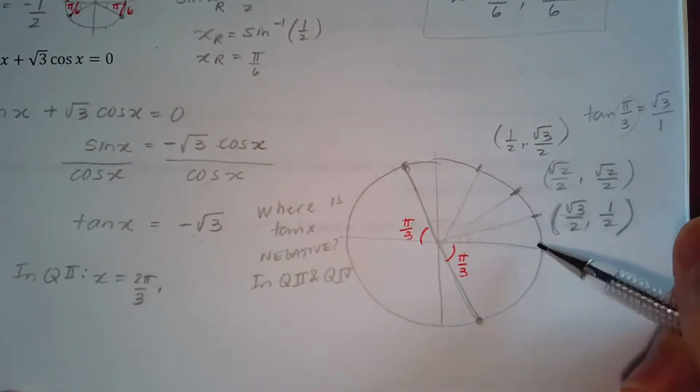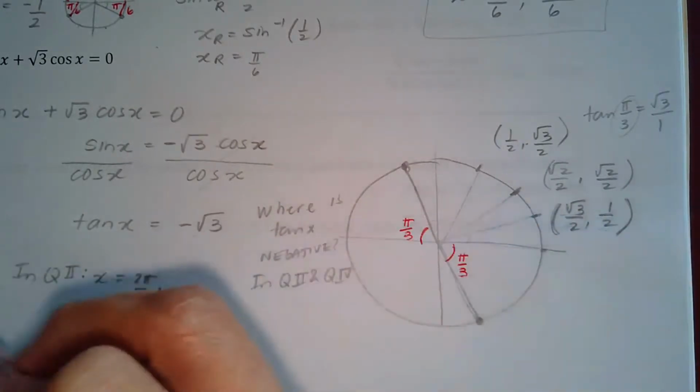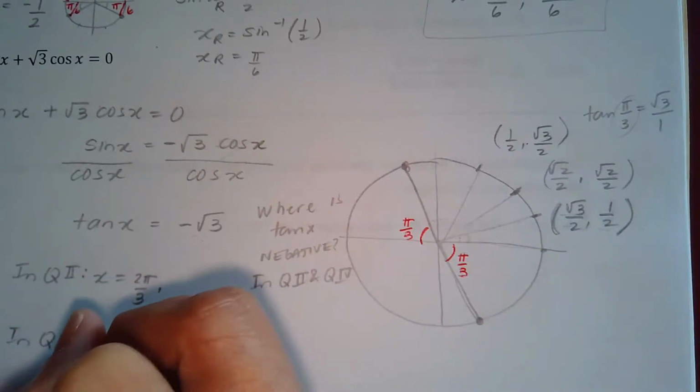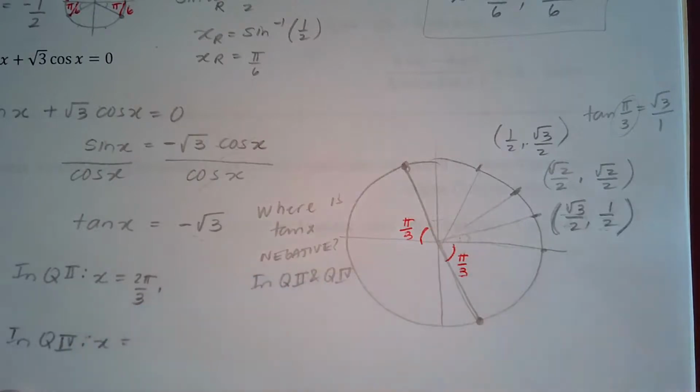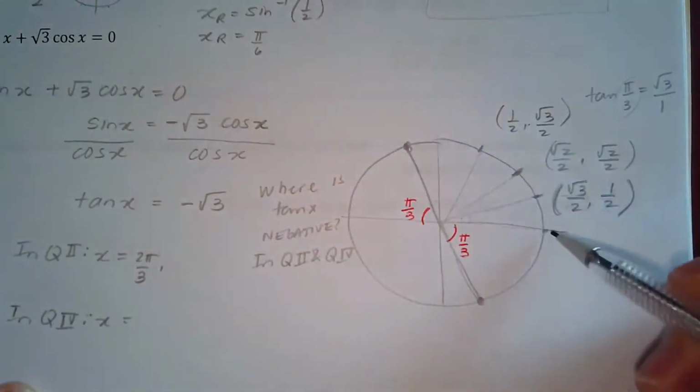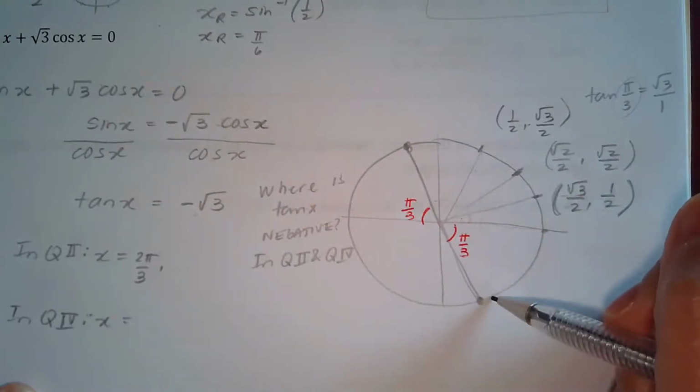And then in quadrant 4, x is equal to 2 pi minus pi by 3.